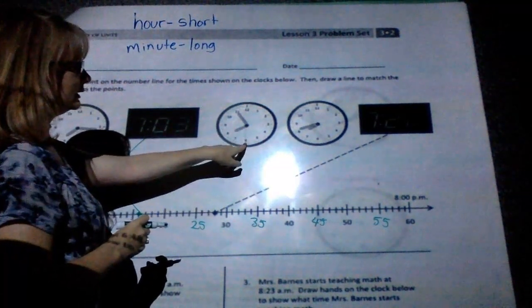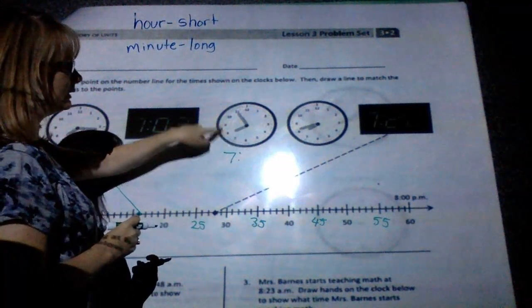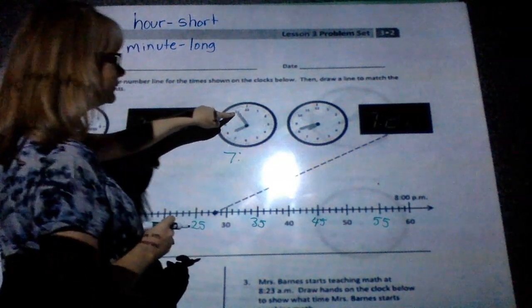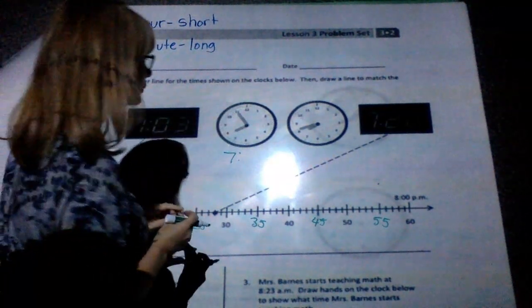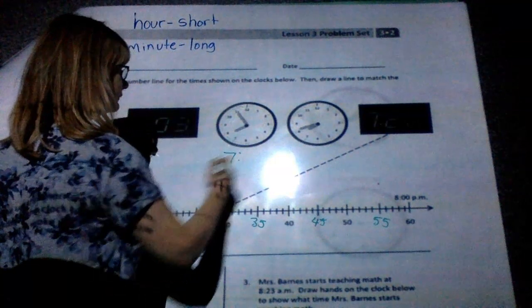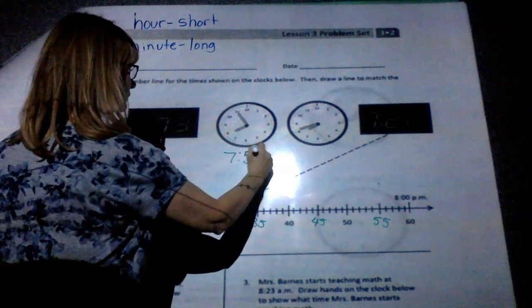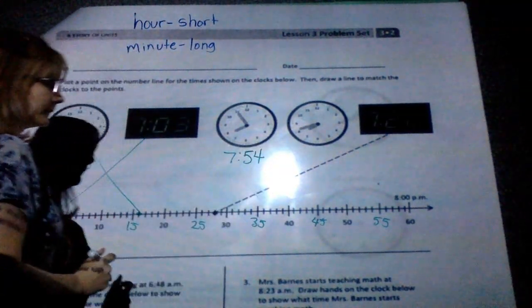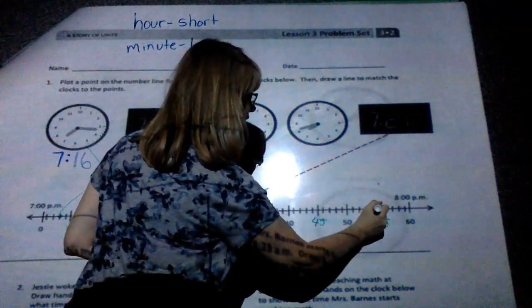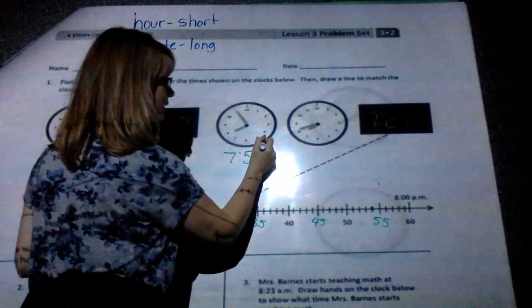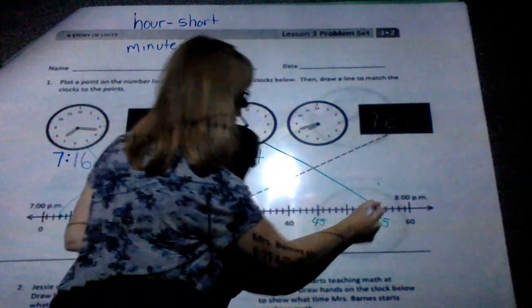Here's 7:30, 7:35, 40, 45, 50, 55. 7:55, maybe it's 1 minute before 7:55. So we'll say 7:54. If you disagree, 1 or 2 minutes, that's fine. Put it what you think it is. It's really hard to see.